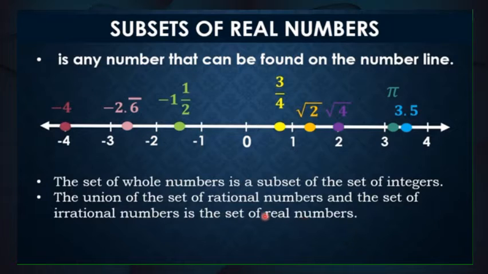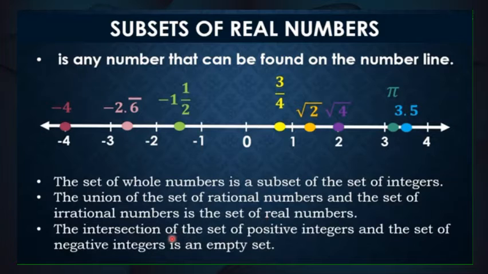Okay, so this is true. Next, the intersection of the set of positive integers and the set of negative integers is an empty set. Kung kukunin natin yung intersection, when we say intersection, common. So, meron bang common between positive integers and negative integers? Wala po. That's why it's an empty set. So, this is true.